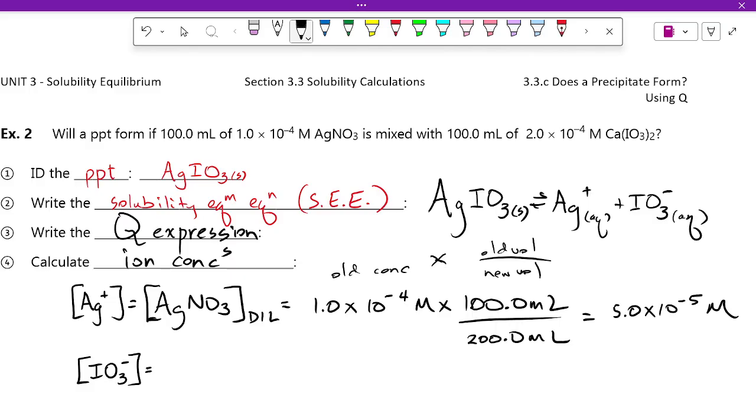How does concentration of silver relate to the silver nitrate? Because it's 1-to-1.